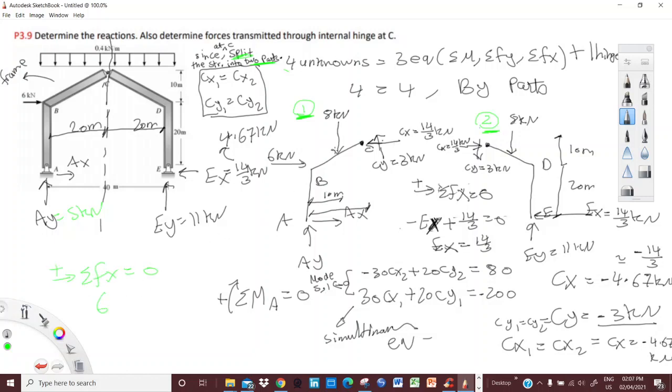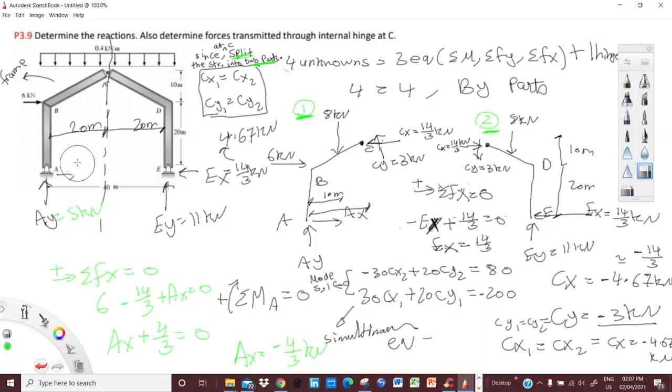So 6 minus Cx, which is minus 14 over 3, plus Ax equal to 0. So 6 minus 14 over 3, so Ax plus 4 over 3 is equal to 0. Therefore, Ax is equal to negative 4 over 3 kilonewton.